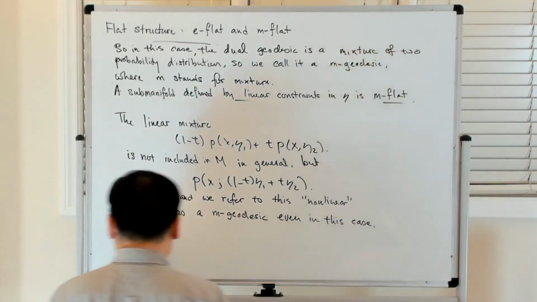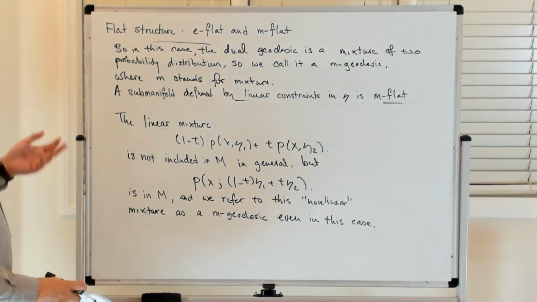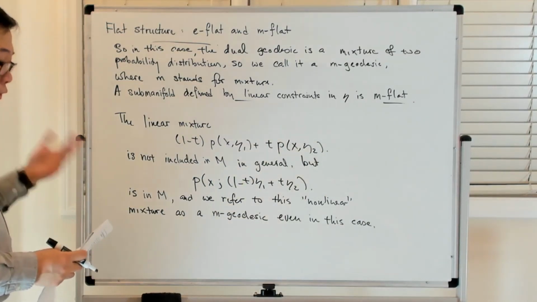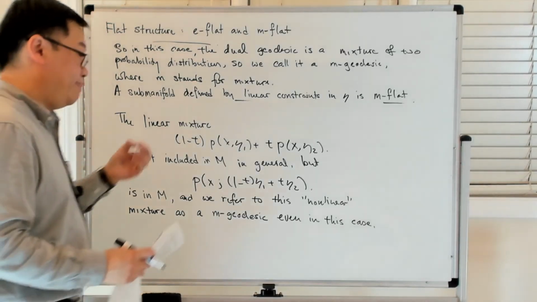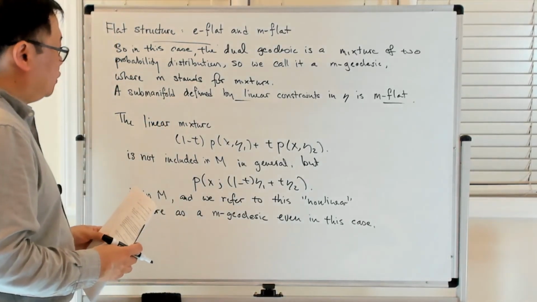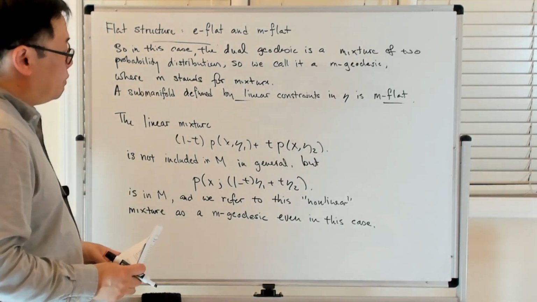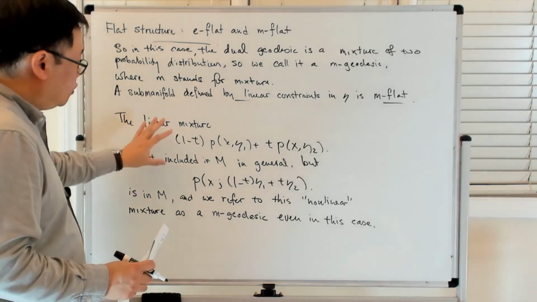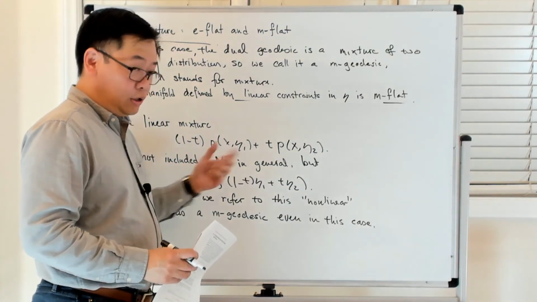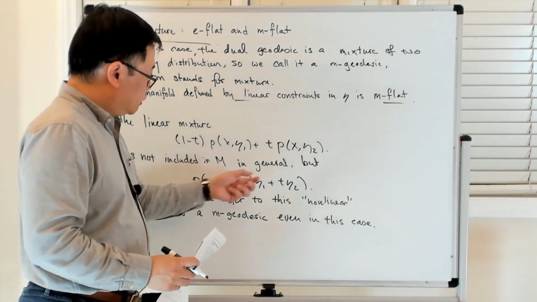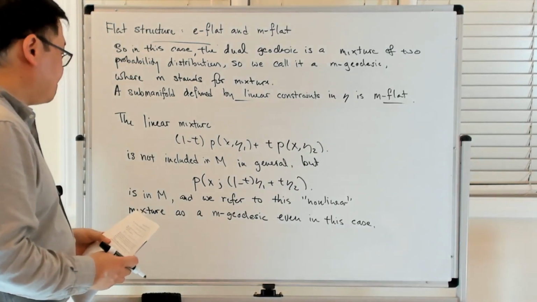Okay, so the idea of referring to this as a mixture family and mixture geodesics, so to speak, makes sense in the context of discrete distributions, but for more general distributions, it may or may not be totally true. But nevertheless, you can do the interpolation at the level of the coordinates to give you some notion of a straight line joining two points on the manifold.